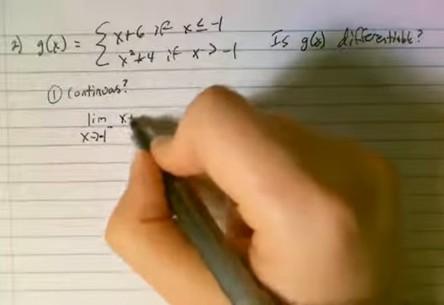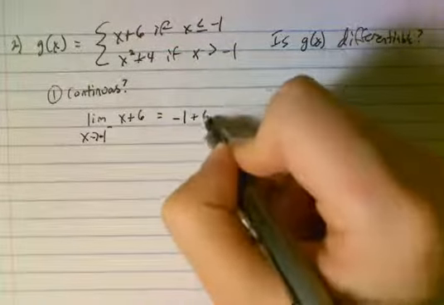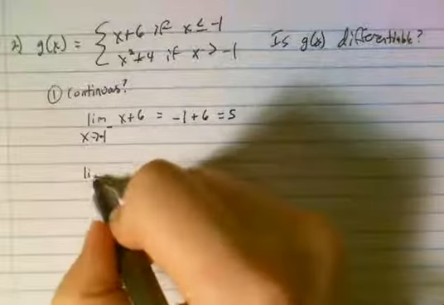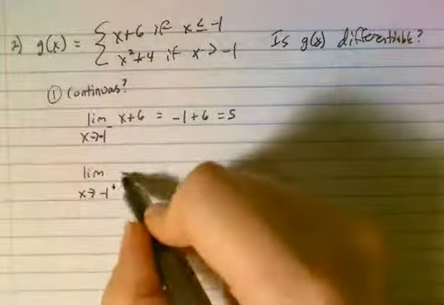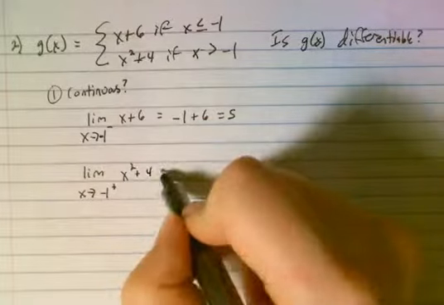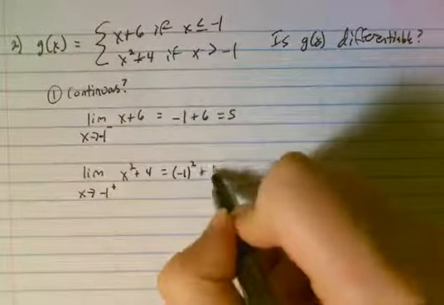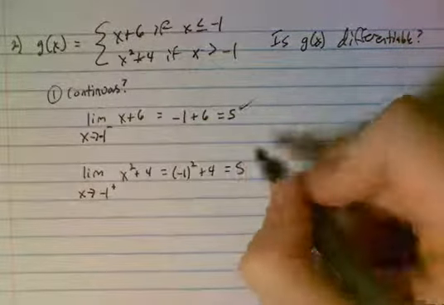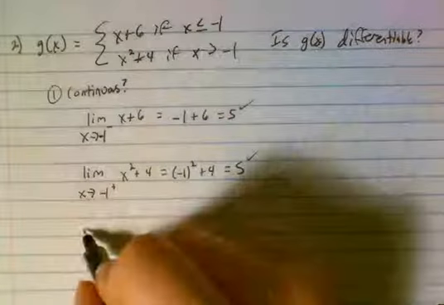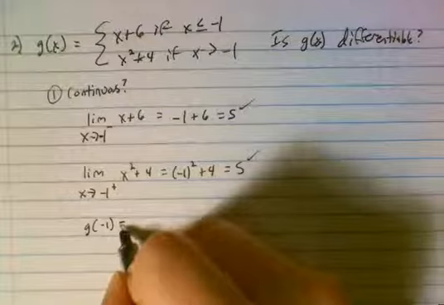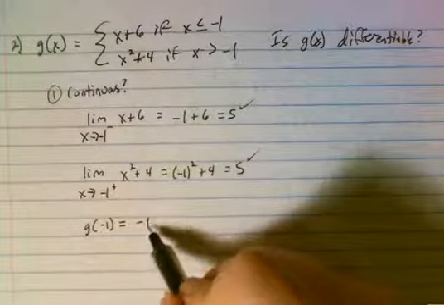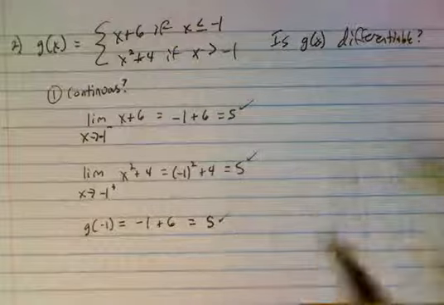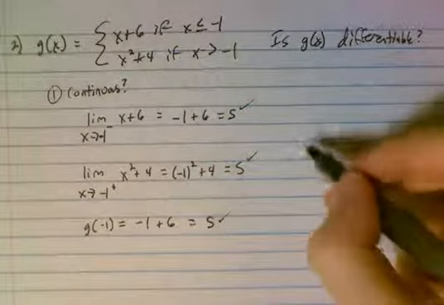The left function is x plus 6, so it's -1 plus 6 equals 5. From the right, that's x squared plus 4, so that's (-1) squared plus 4, that also equals 5. So those match. And then g of -1. Okay, so here's the equals sign, so that's -1 plus 6 equals 5. Those all match. Yes, it's continuous.